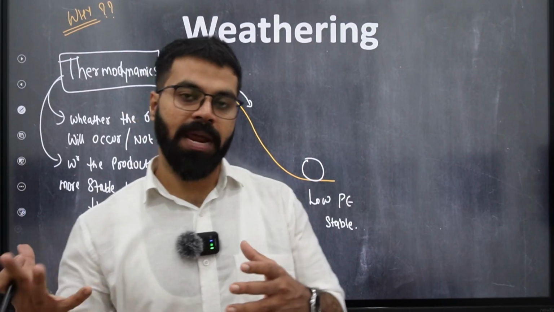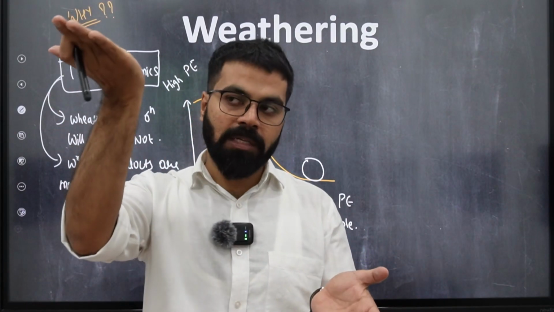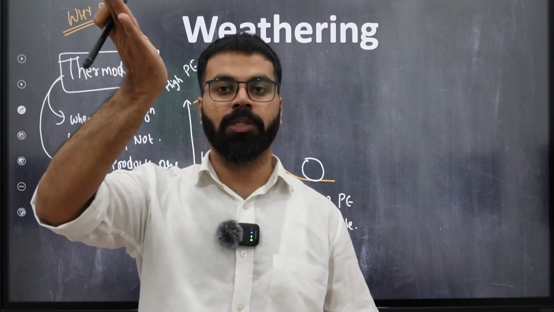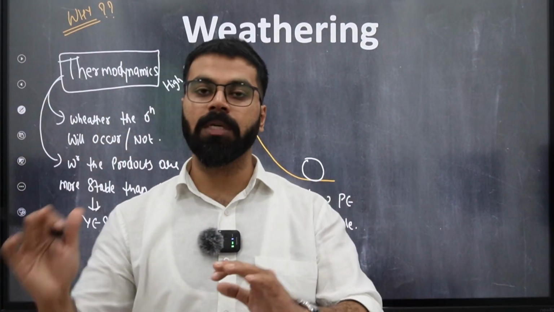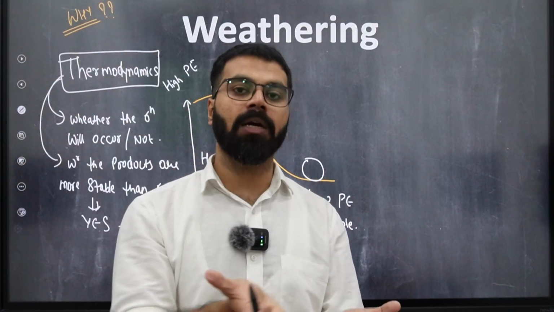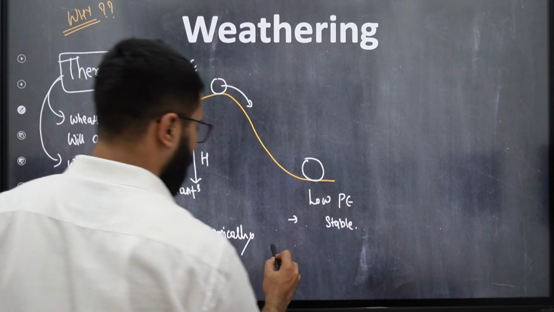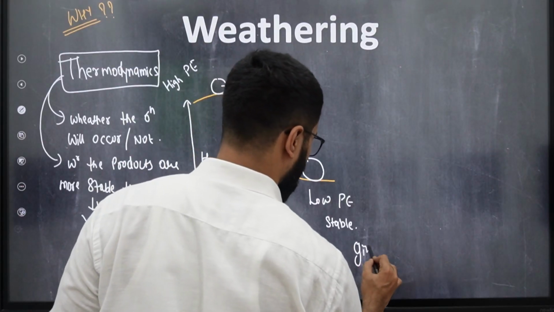Every reaction occurs because it has a tendency to move from a higher potential energy to a lower potential energy. In the case of a reaction, in terms of thermodynamics, we say that a reaction occurred and hence there is a release of Gibbs free energy, negative Gibbs free energy.